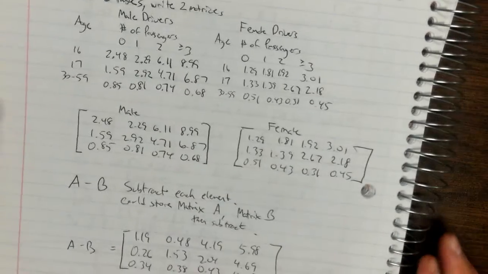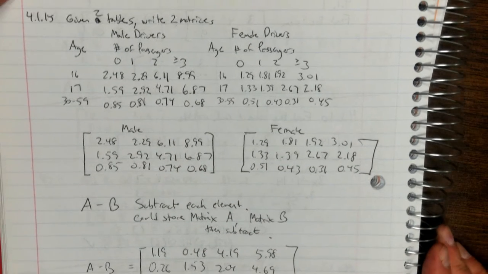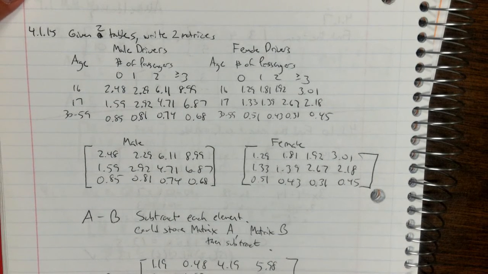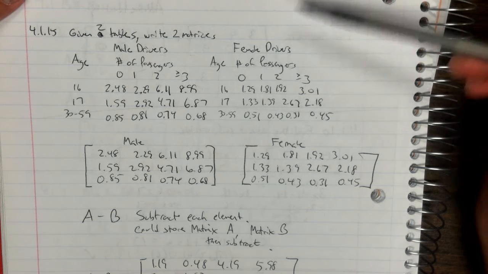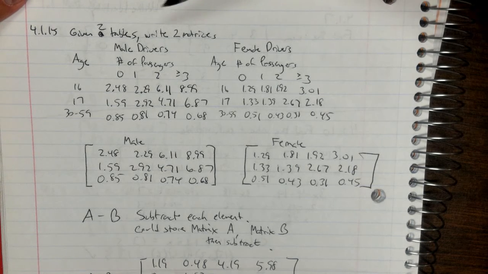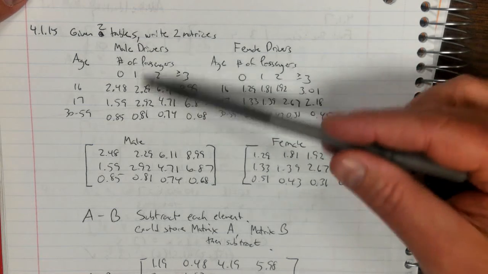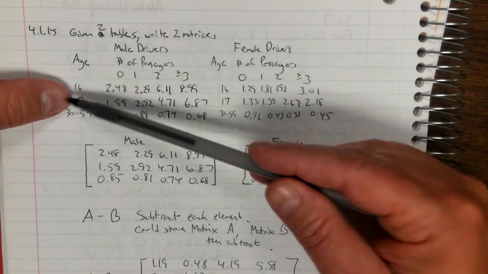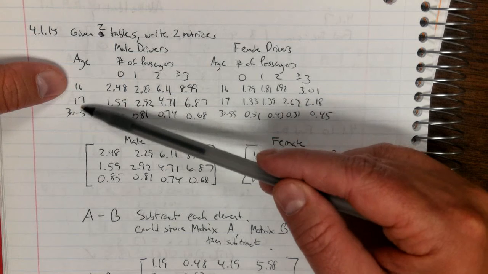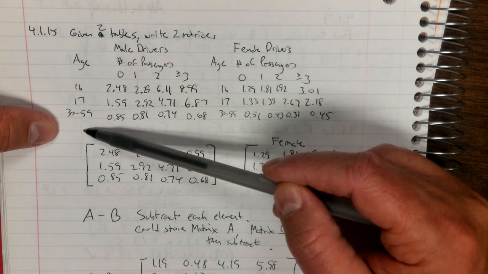Now the next one, it just has a lot of numbers, and it's long because there's decimals also. It says given two tables, write the two matrices. And so here's all your information with male drivers. You have your age as either 16, 17, or between 30 and 59.